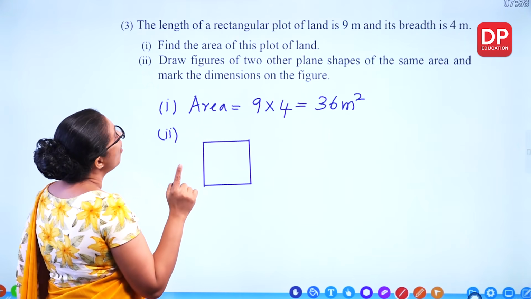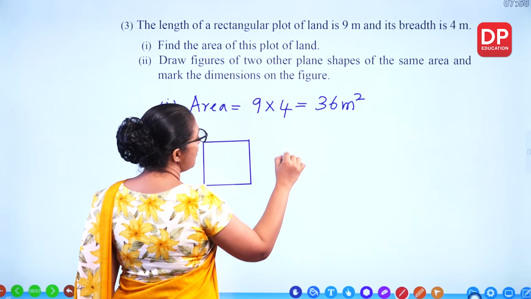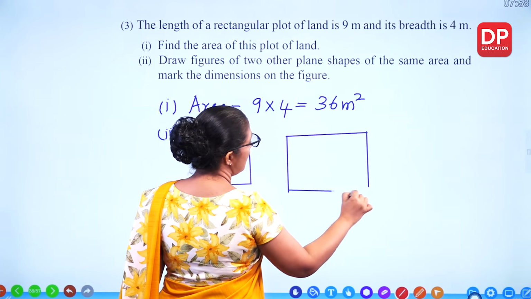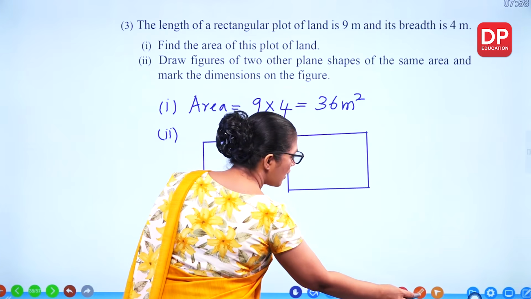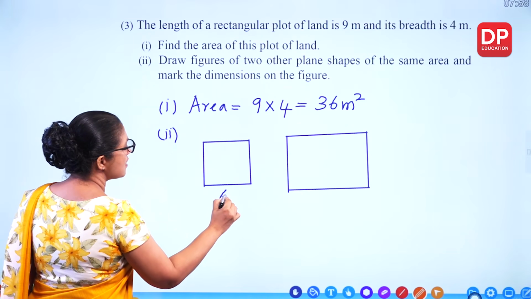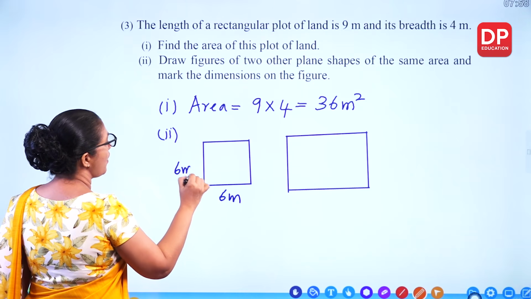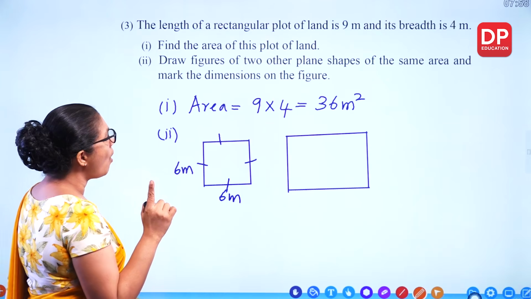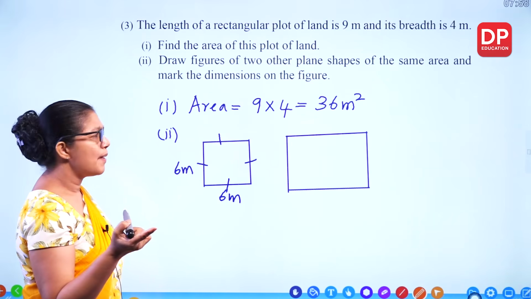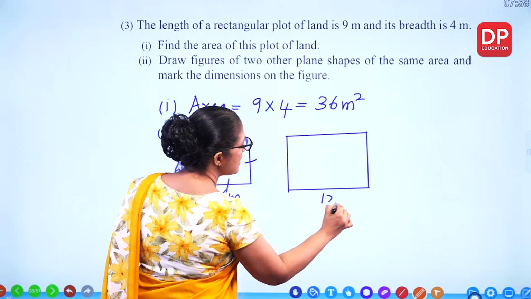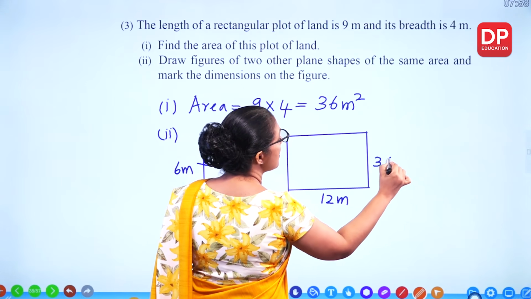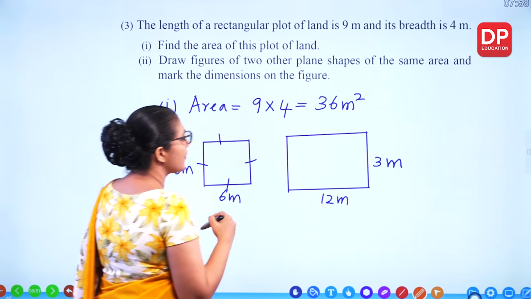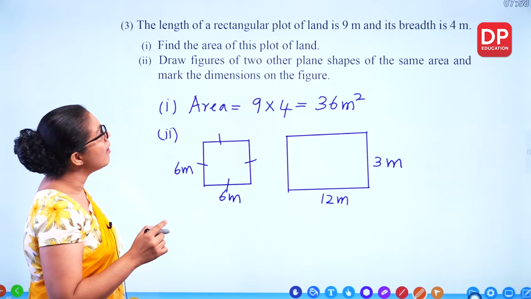Or another rectangle, but you need to get 36. What are the measurements you can get? So 6 meter, 6 meter square, you get the same area, or 36, 12 times 3, so 12 meters here and 3 meters there. So when you multiply, you get 36. So either a square or a rectangle.